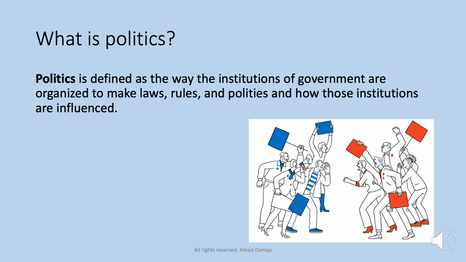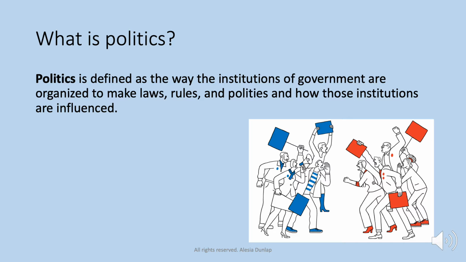What is politics? Politics is defined as the way the institutions of government are organized to make laws, rules, and policies, and how those institutions are influenced. So, for example, the EPA, Environmental Protection Agency, their politics will be helping the environment, sustained environment, alternative energy.